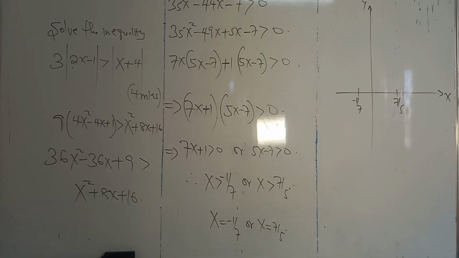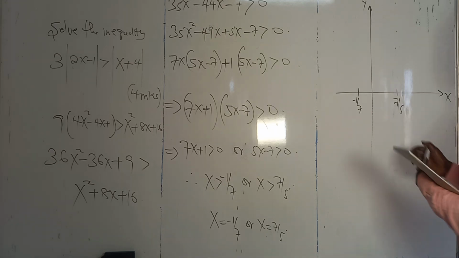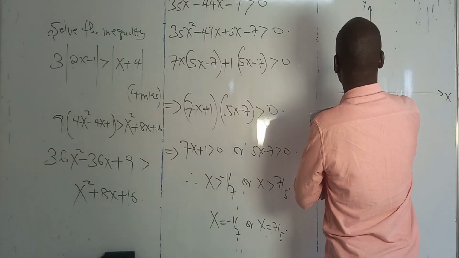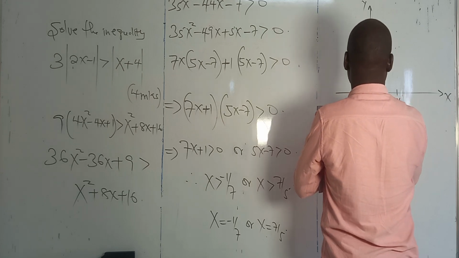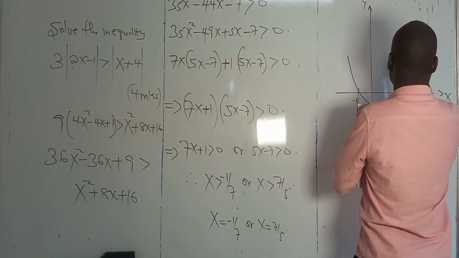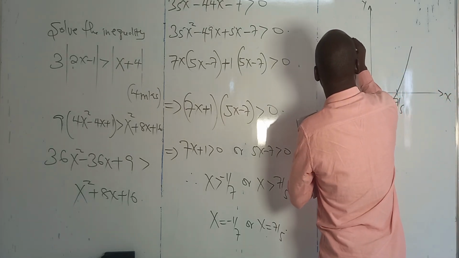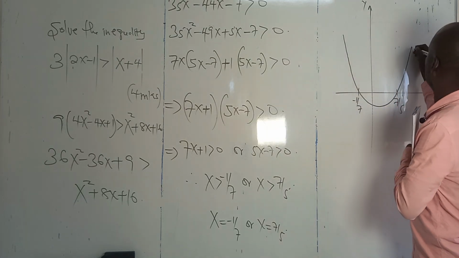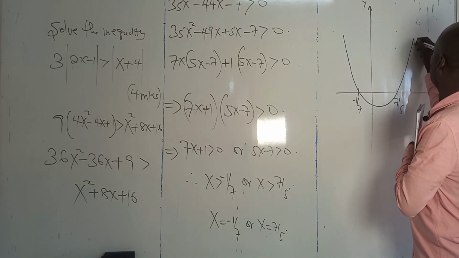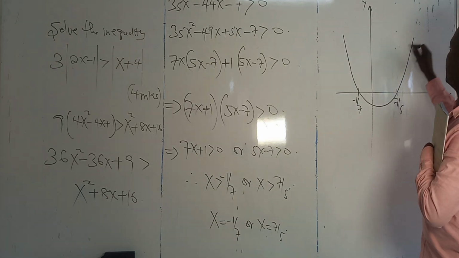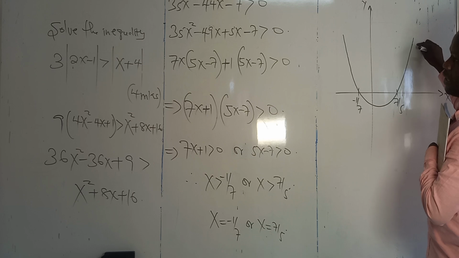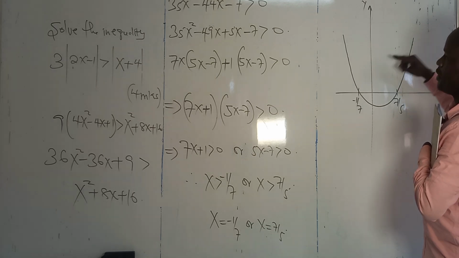So I have those 2 points. But then my curve is U-shaped. So let's see. If it is U-shaped, I'm sketching, then it looks like that. That's what my curve looks like. And this function here is that.